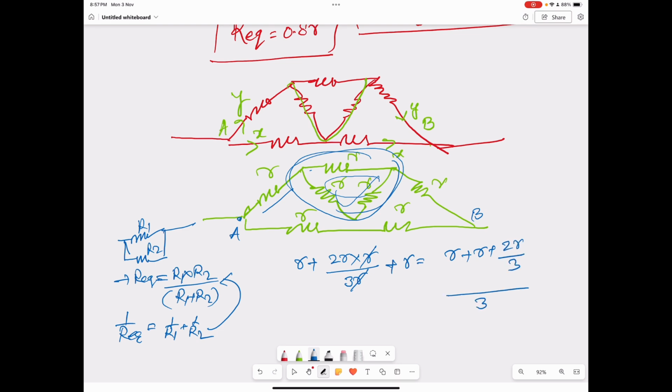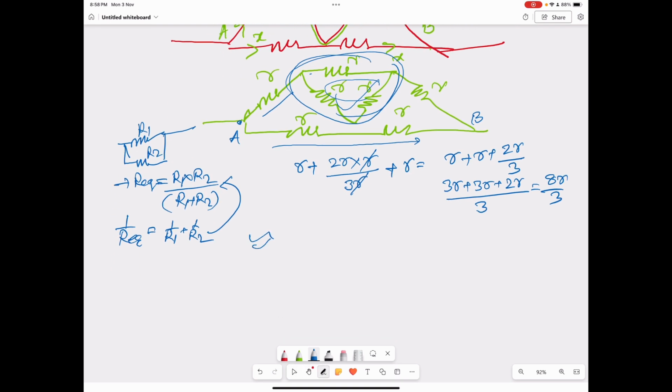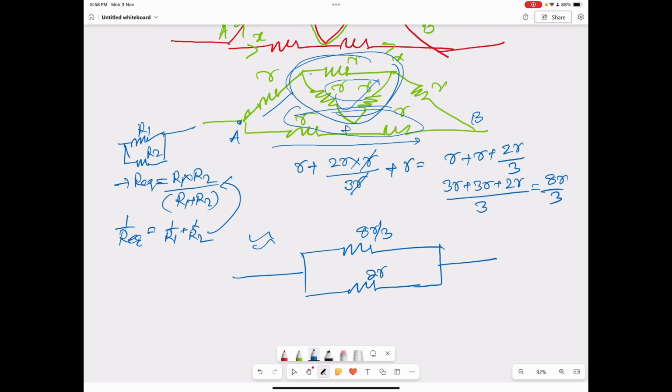It will become 3R plus 2R by 3, which is 5R by 3. I can further simplify this. Another combination is the sum of these two, R plus R, because they are connected in series, it will be 2R. Okay, so it will become 2R.